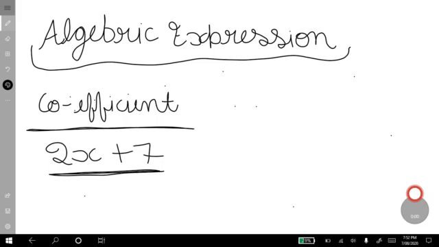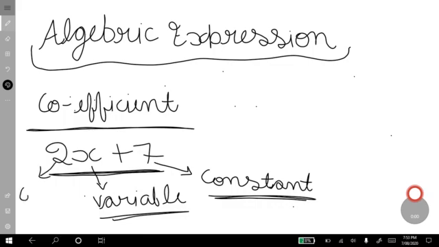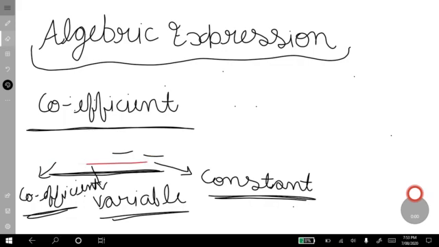Here let me write what these are. x is a variable, and finally 2 is our coefficient. So hopefully you understood. Now let's move on to the next topic.